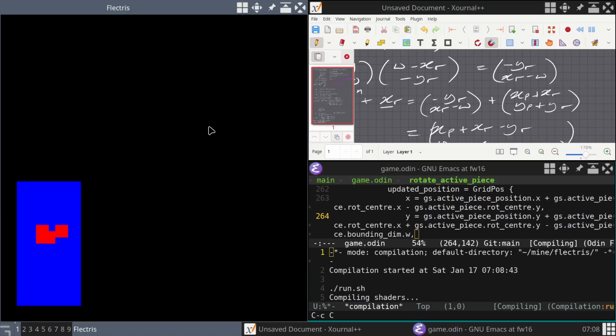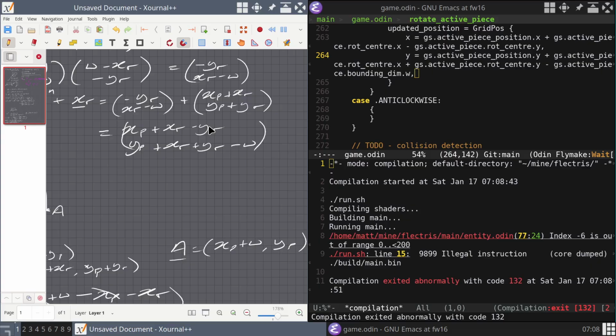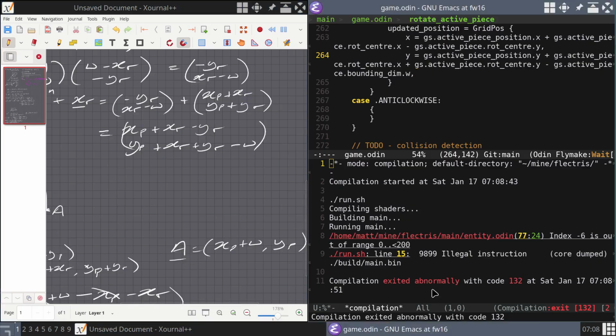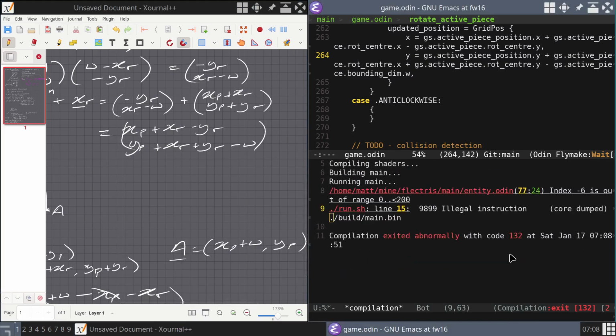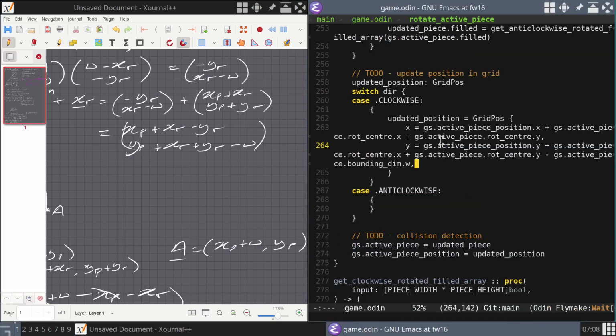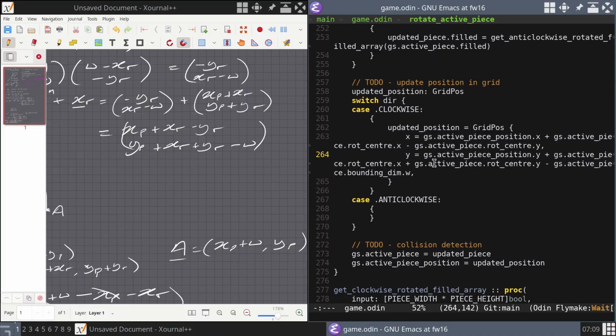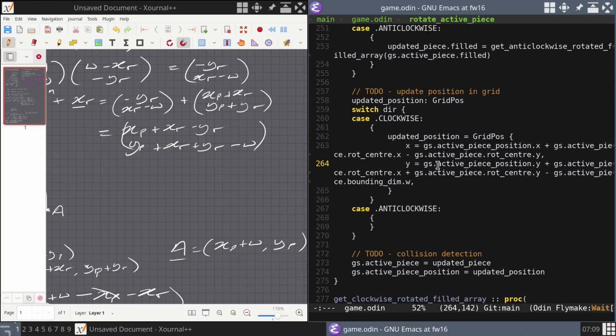Was that our problem? So if we come up to here, yeah, nice. Index -6 is out of range. So we aren't updating the rot position, are we?